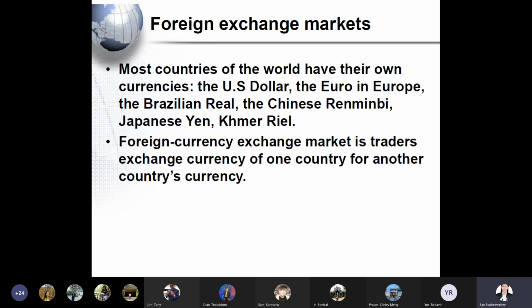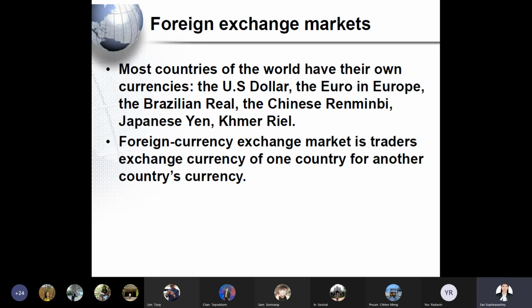So the foreign exchange market, I think the exchange rates actually affect the economies and our daily life. Most of the countries of the world have our own currencies. Like America, they have US dollars.